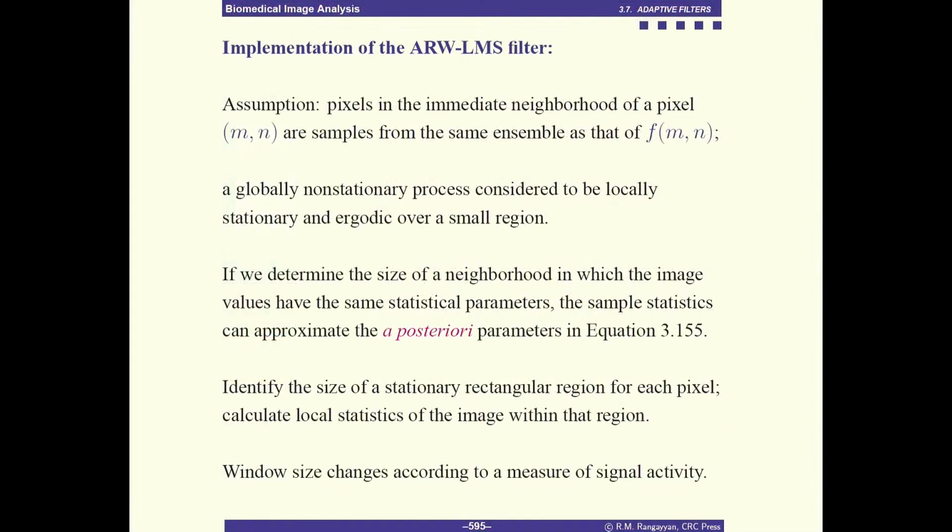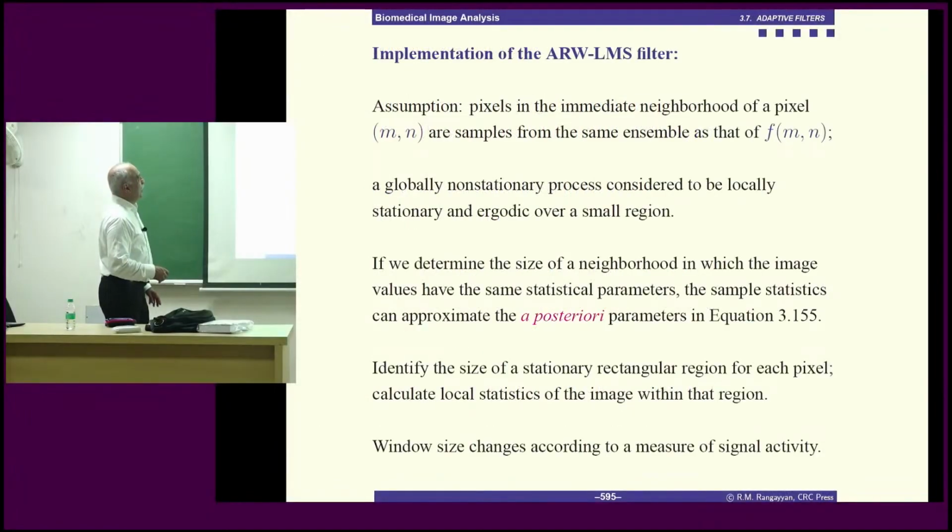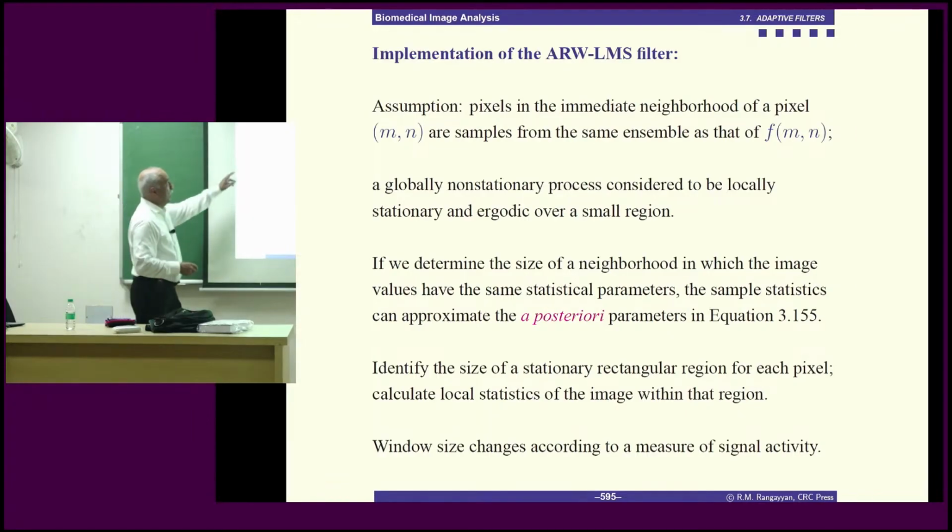How do you implement it? You assume that pixels in the immediate neighborhood of Mn are samples from the same ensemble. So there is stationarity. Global non-stationarity is now considered to be locally stationary. The whole image is non-stationary, but in small portions it is stationary. That's the assumption in that window. And ergodic.